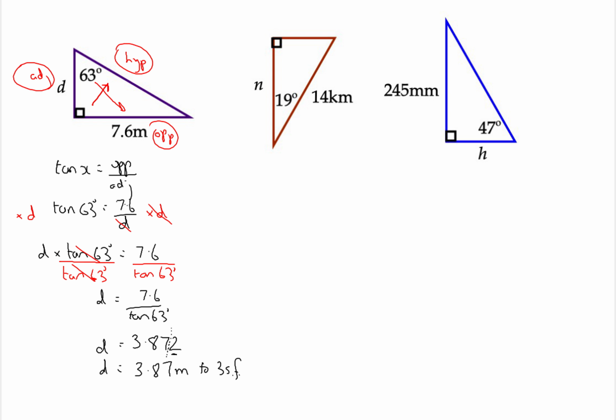Second one here, let's have a look at labelling the sides. Hypotenuse, opposite, adjacent. Let's write down, and then we're dealing with 19 degrees in this one.